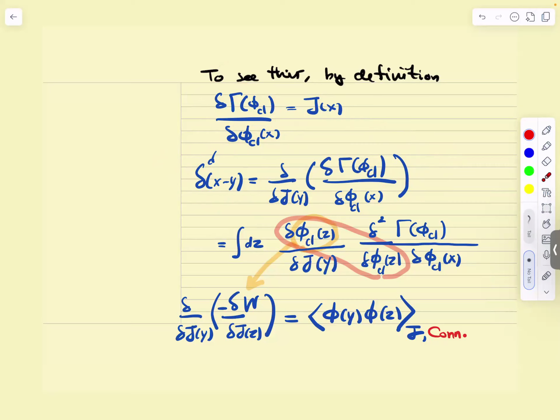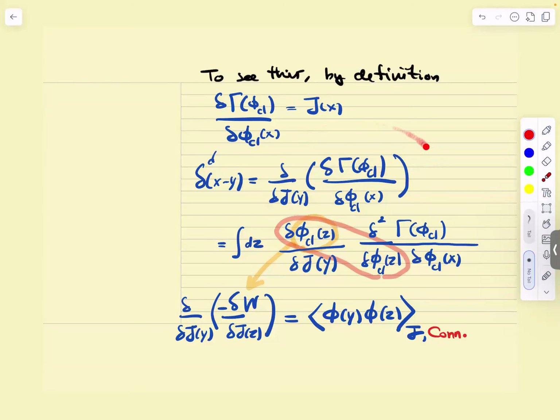Now, what do I do next? I take this derivative and write it as follows. I write del J as del phi classical over del J times del over del phi classical. Okay, so I've added this.